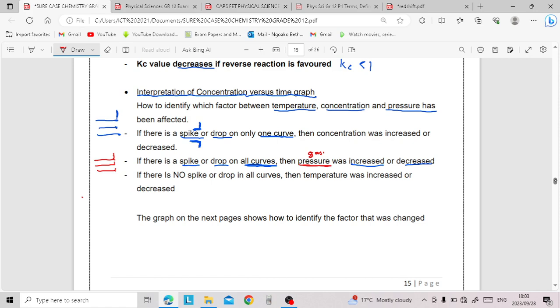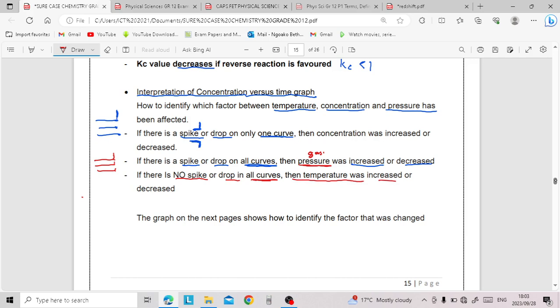That's why we can say the spike will be there, which means there is pressure there. Now, if there is no spike or drop in all the curves, then the temperature was increased or decreased.